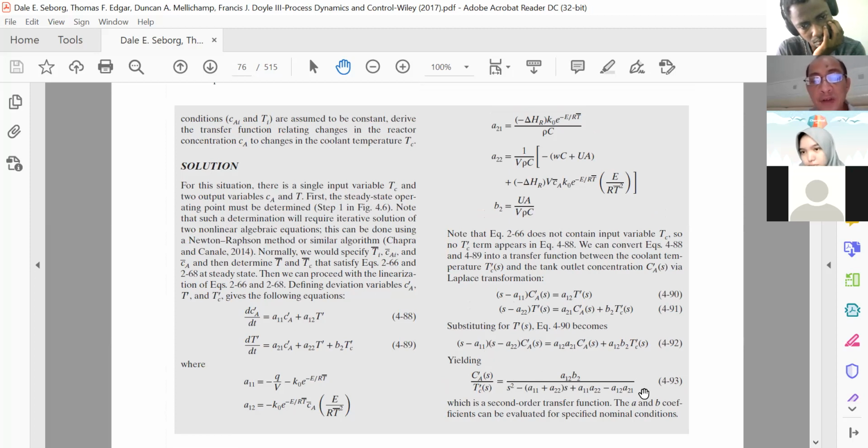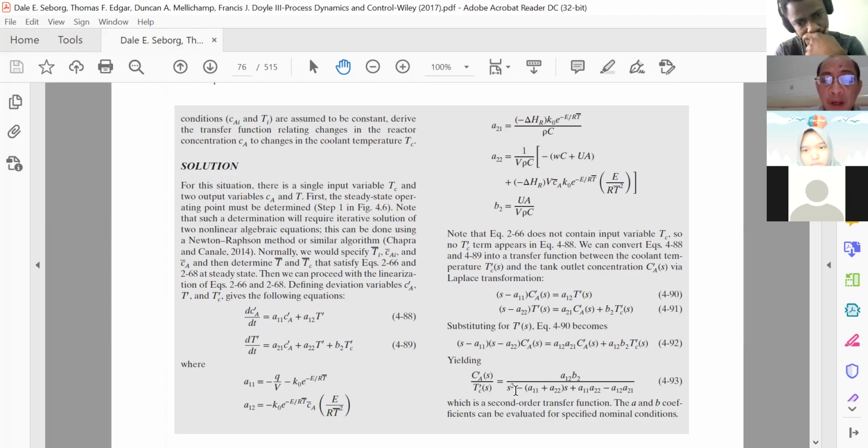Now, remember, I told you before, if a system should be physically realizable, then the power of S in the numerator should be less than or equal to the power of S in the denominator.